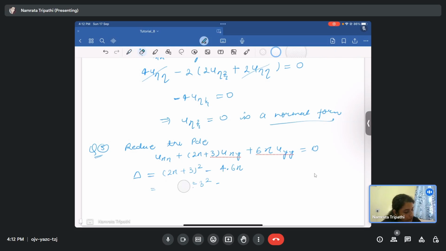After calculating, you will get (2x minus 3) square, which is a positive term, but this will be greater than 0 if x not equal to 3 by 2, because at x equal to 3 by 2 the expression becomes 0. Then the differential equation will represent parabolic, otherwise this will represent hyperbolic.